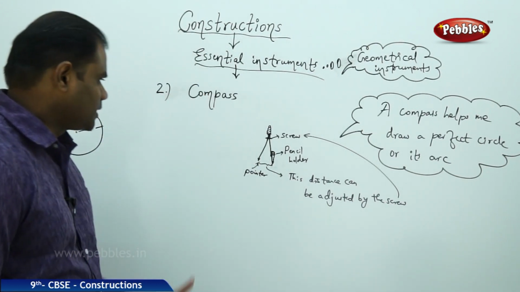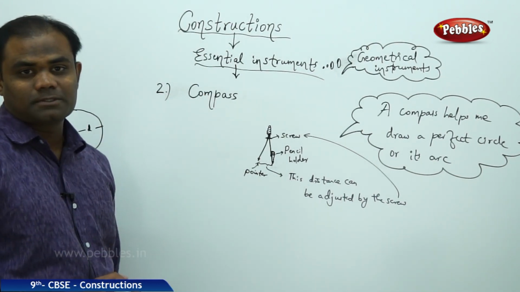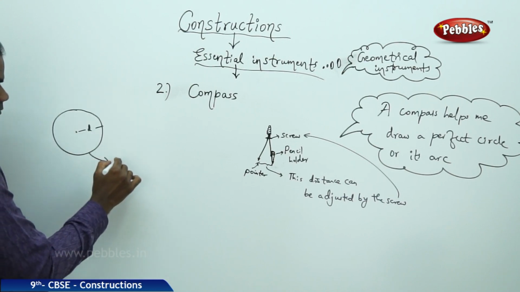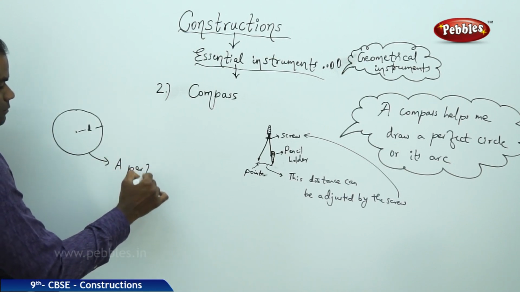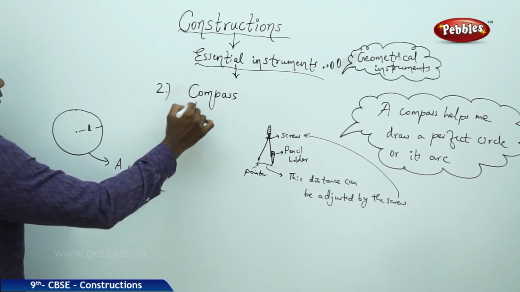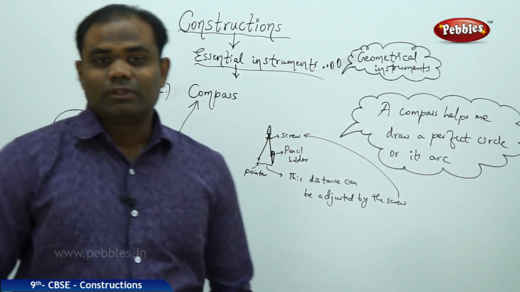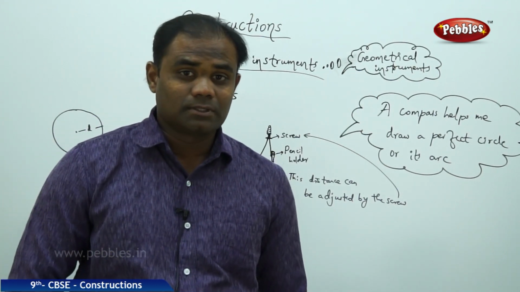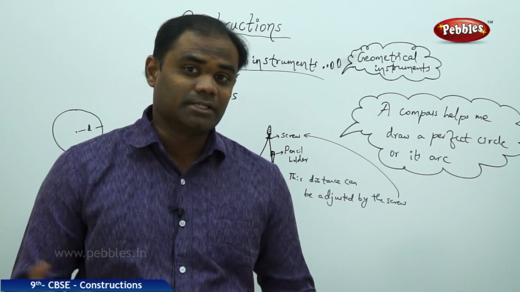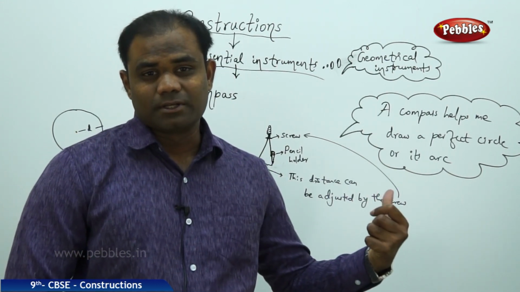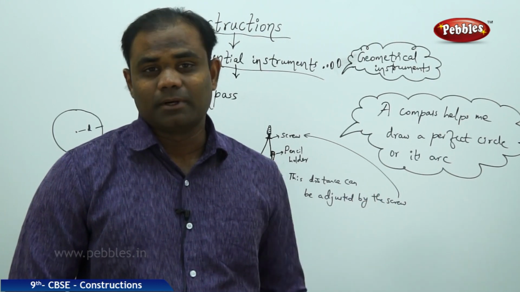Is how we understand the concept of the compass. A perfect circle is obtained using the compass. Without a compass, the circle is not perfect, but with the compass, the circle or its arc is perfect. So the second geometrical instrument significant here is a compass.